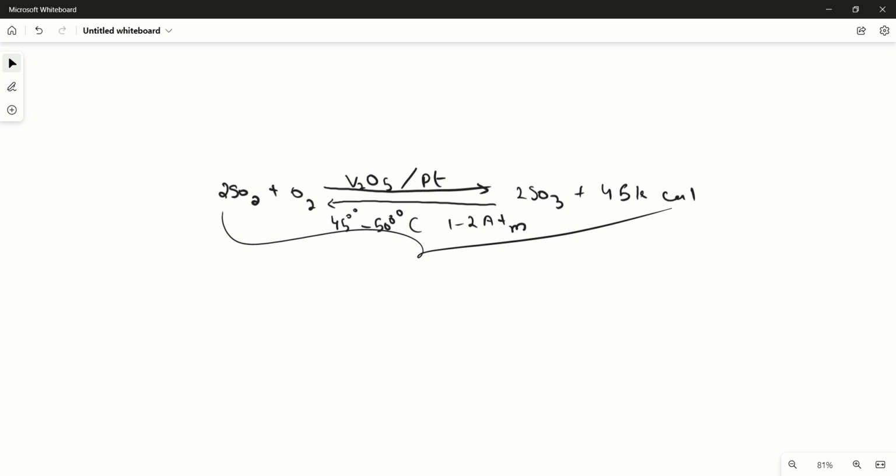Now let's go on to the absorption tower, where the SO3 vapors are absorbed into concentrated sulfuric acid.